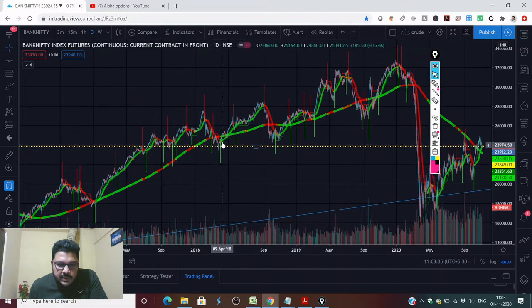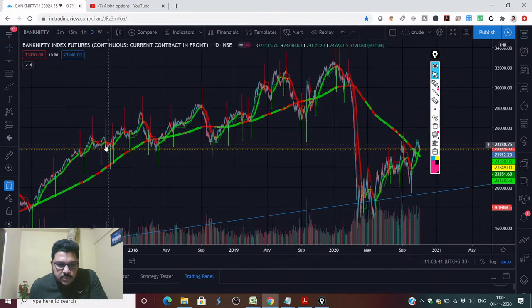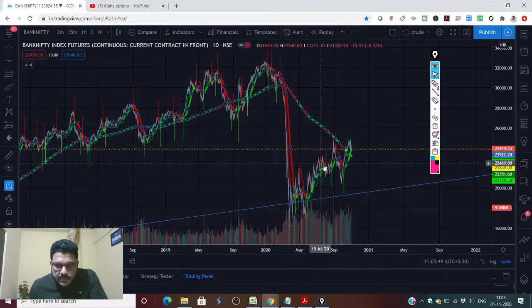If you understand this line, it has marked all the places where the market has dropped and recovered. So this used to be a support, and now it has become a resistance. Okay, one failed, two. Now we are at the spot. If it fails from here again, it can go down or it can go up. So this is a very critical level.